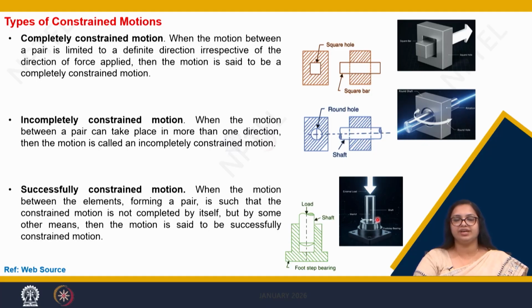A kinematic pair has successfully constrained motion when, for example, we have a footstep bearing and a shaft, and an external load is applied to keep these two elements in place.